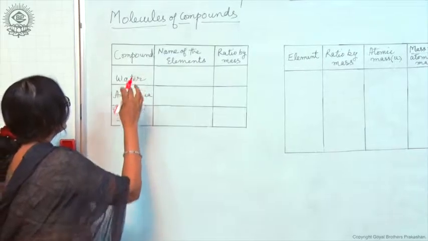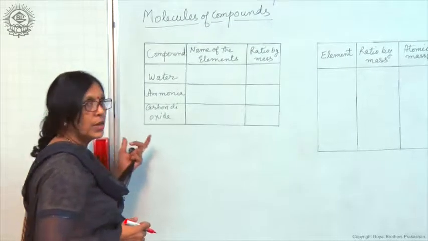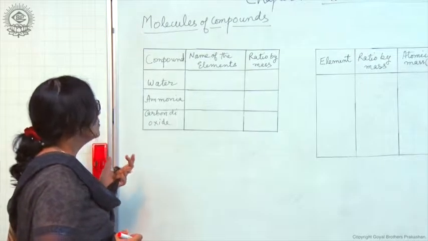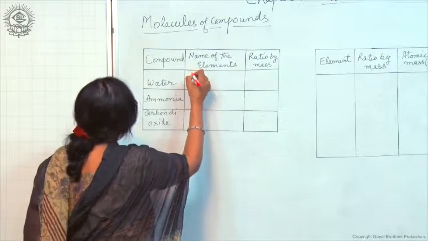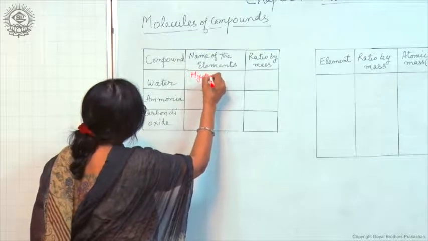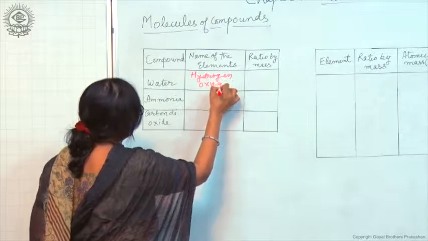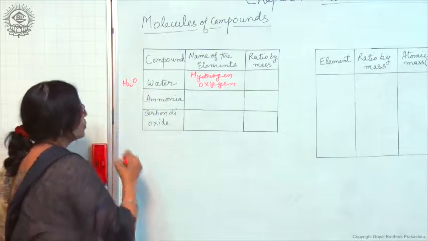Now let us take an example of water. Water is a molecule, its formula is H2O. What are the elements present in water? These are hydrogen and oxygen. So as you know, the formula is H2O.